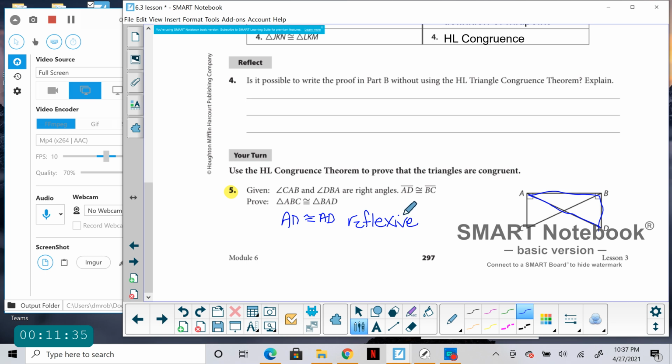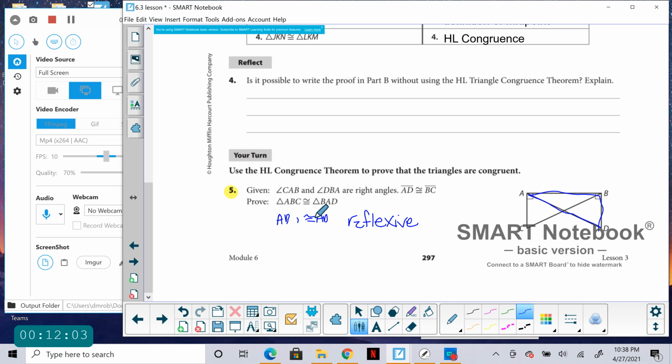Oh wait, we didn't want AD to AD. Hold on, I picked the wrong side there. We want AB congruent to AB by reflexive, because that's the shared side of the two triangles.